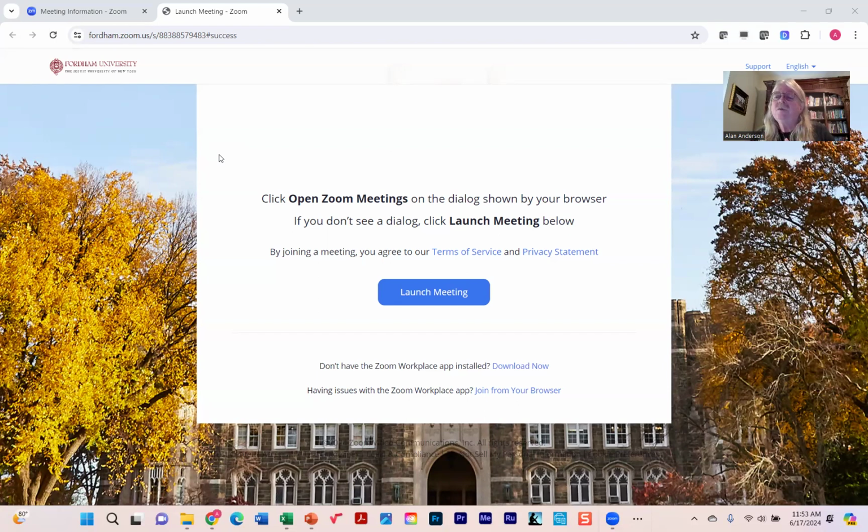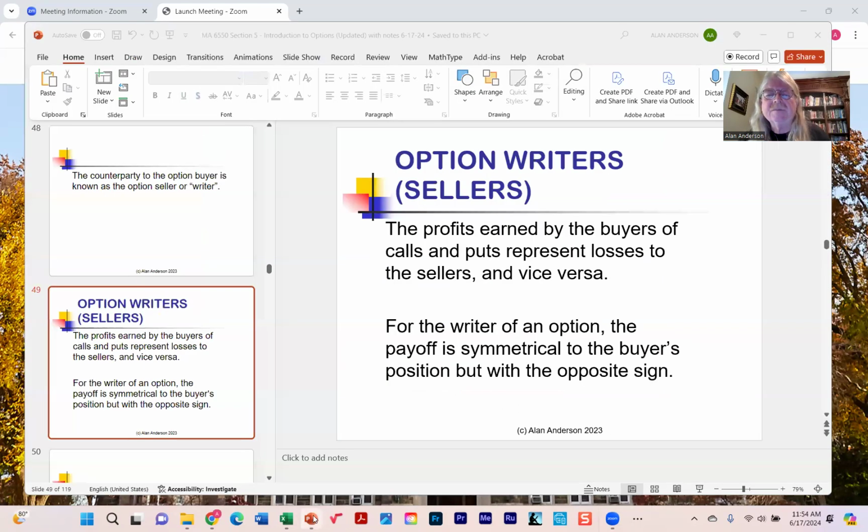So for now, we'll just keep going with the new material. Once we get into the next section, which is section 6, Black-Scholes option pricing modeling, then we'll have our first actual assignment. Okay, so anyway, why don't we get back into our discussion about options?